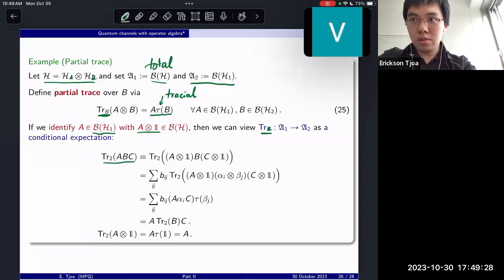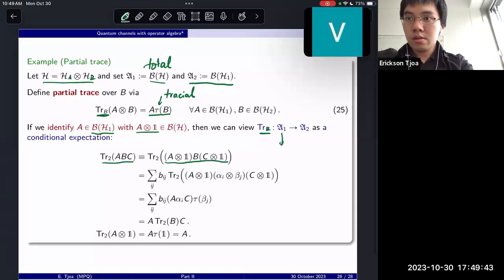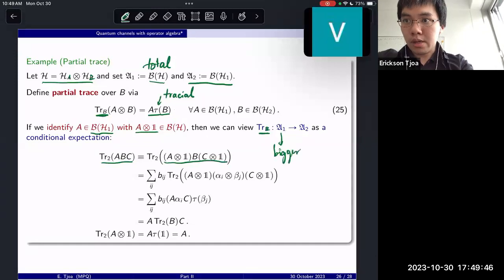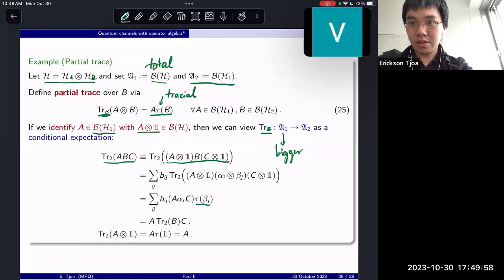Actually, B should be 2. You take this map and apply it by identifying it with the larger algebra, because remember, we are in U1, the bigger algebra here. And then just by linearity in finite dimensions, you can do this easily. By properties of the tensor product and linearity, you can write this as the action of a tracial state, and since it is a linear object, you can put this thing in.